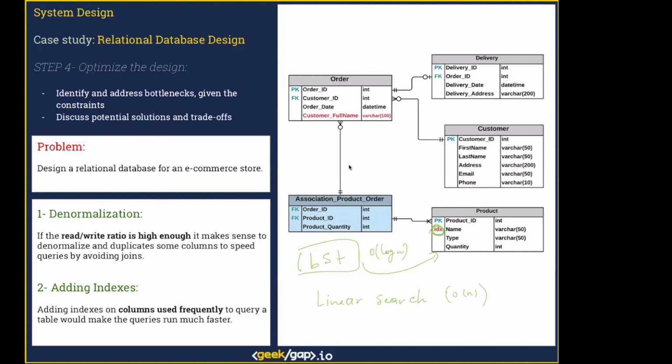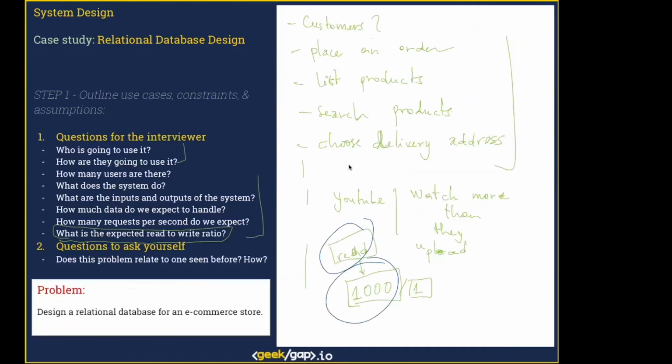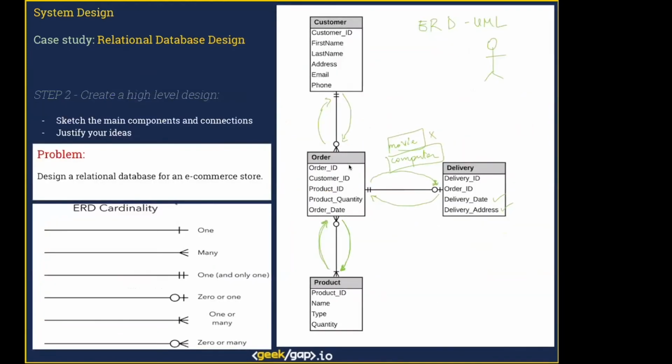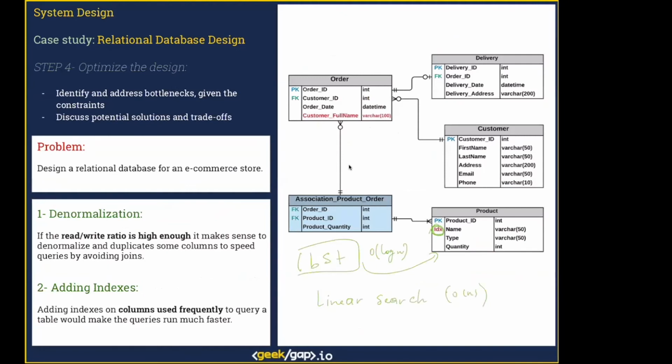Second thing, remember, one thing also was to take care of the expected ratio between reads and writes. Let's say for our system, we expect that customers won't change their names very frequently, right? When a customer creates an account, he won't come every day to change his first name and last name.